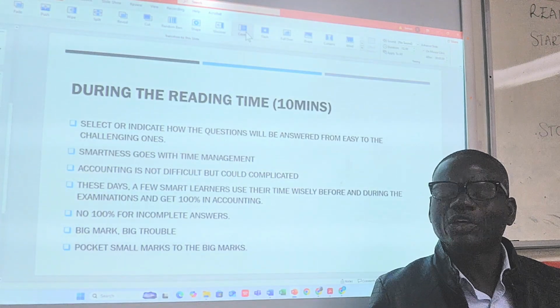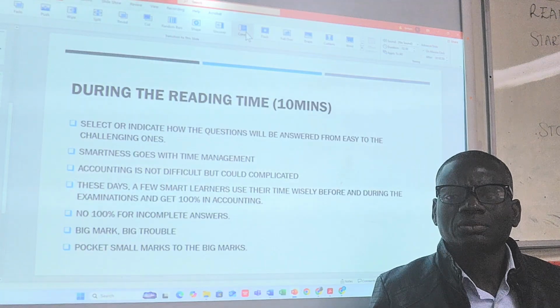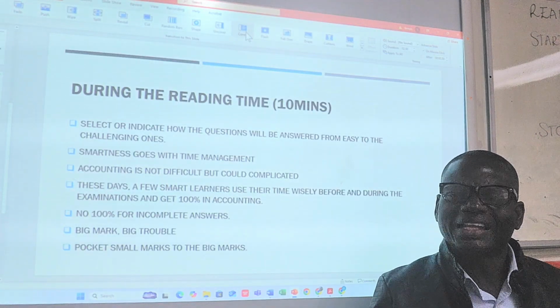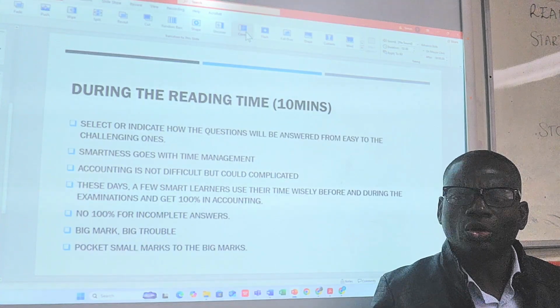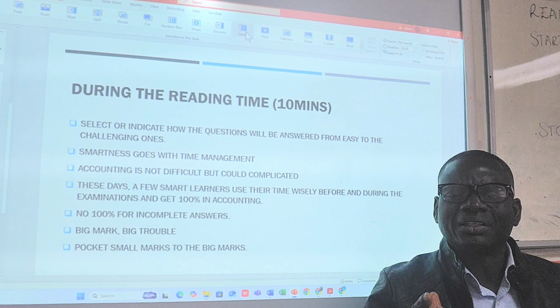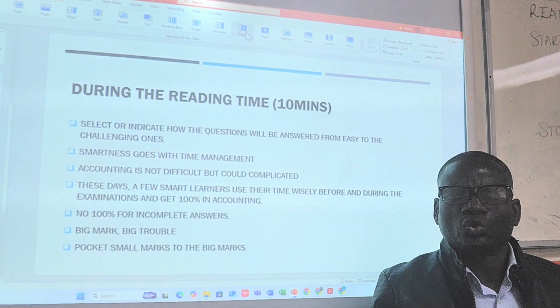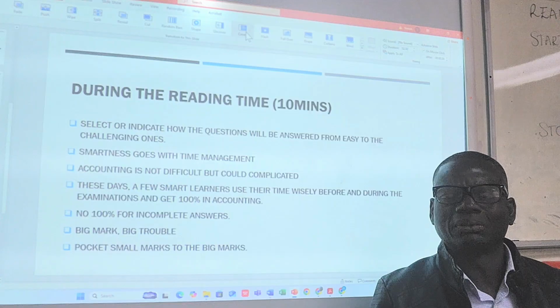But if you can find a way of solving that problem, you better stand and make sure you clean yourself, you go to the toilet, before you go and write, so that you can be comfortable with the paper, so that you won't be having any toilet problem.